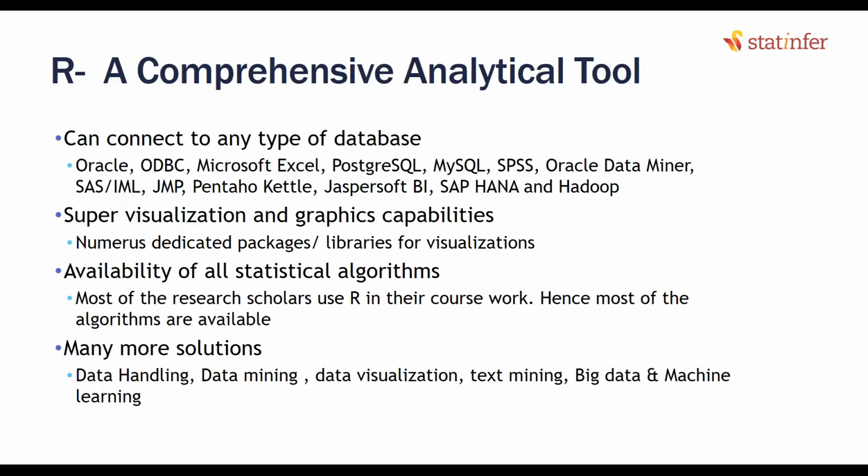In fact, some of the algorithms available in R are not even available in some other statistical tools, because most of the research scholars are using R. That means once something new comes up, there is a higher chance that you will find that particular algorithm in R rather than in other commercial software. R has many solutions for data handling, data mining, data visualization, text mining, big data, machine learning. You name it, it is there in R right now. If you want to learn data analytics or get into statistical programming, R is the right tool to start with.